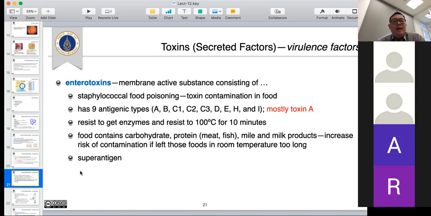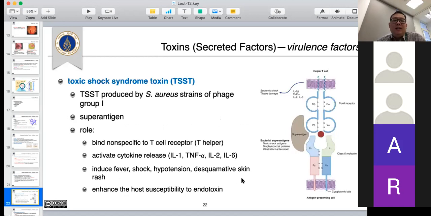And there is a superantigen. Superantigen means that when bacteria infect, the antigen presenting cell will engulf the bacteria, digest them inside, and present on MHC class 1 or 2. Extracellular antigens are presented on MHC class 2, and MHC class 2 interacts with the T cell receptor, still remember?